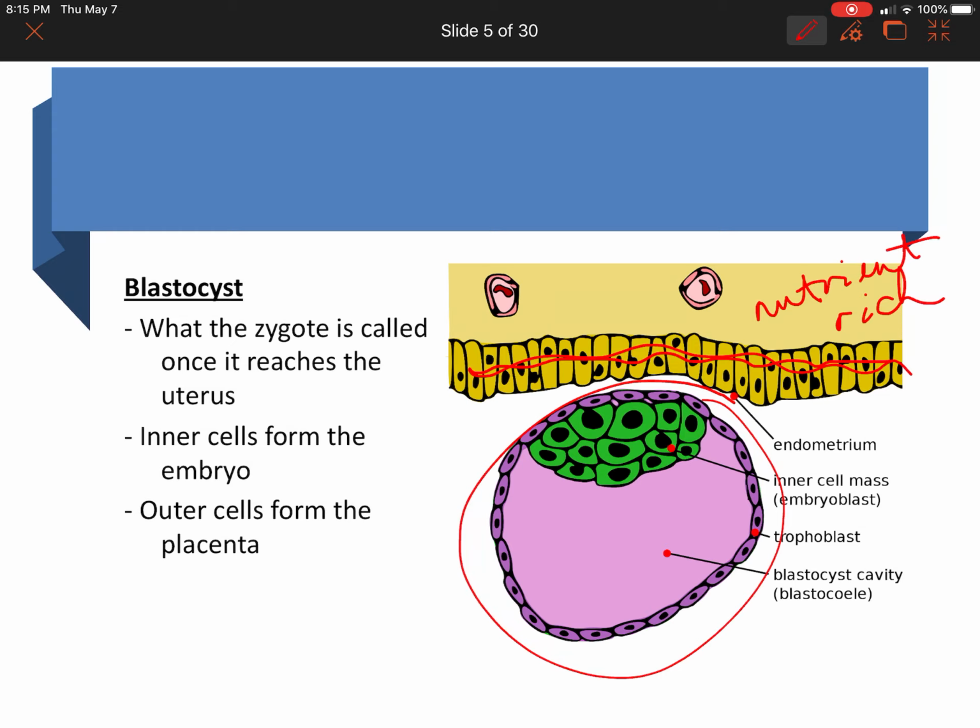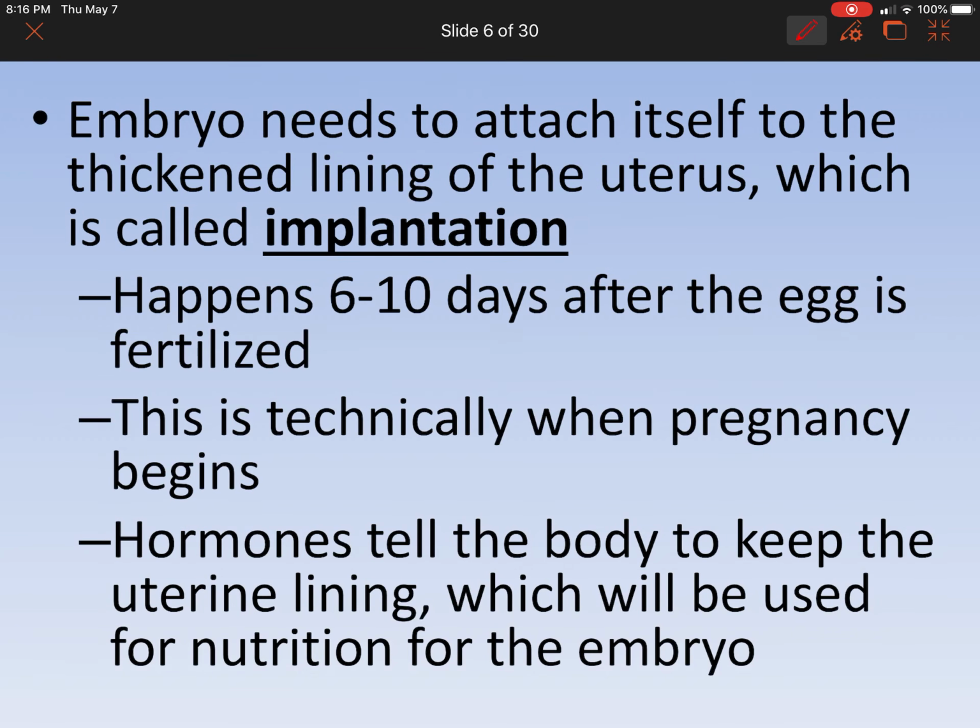The inner cells form the embryo, and the outer cells of the blastocyst are going to form the placenta. We'll talk about the placenta in a second, but they are two separate things. The embryo needs to attach itself to the thickened lining of the uterus, which is called implantation. That happens 6 to 10 days after the egg is fertilized. That is technically when the pregnancy begins.